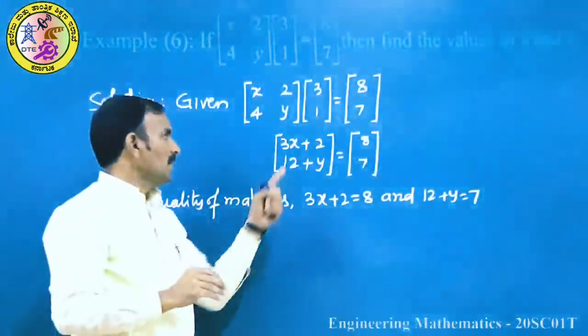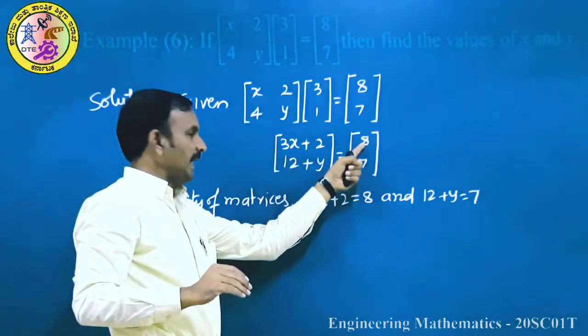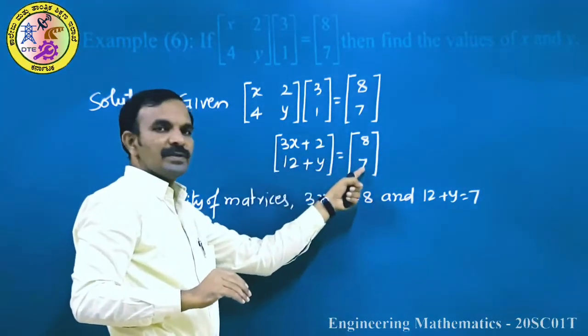Corresponding elements are the same: 3x plus 2 is equal to 8, 12 plus y equal to 7.